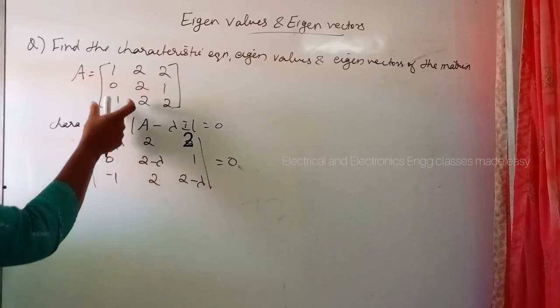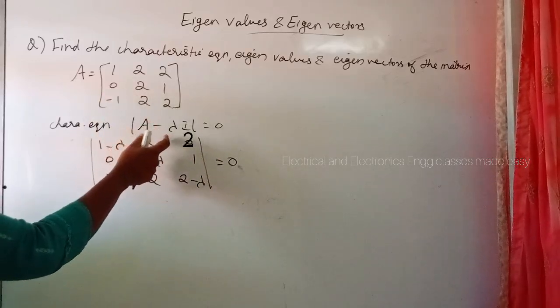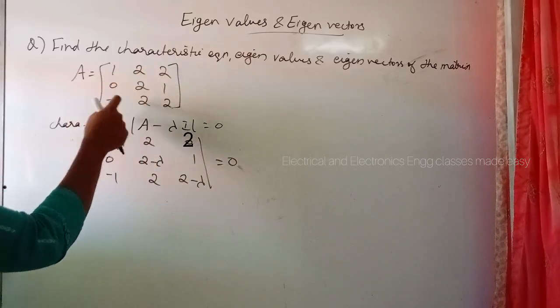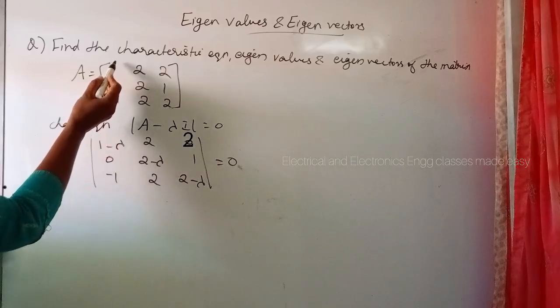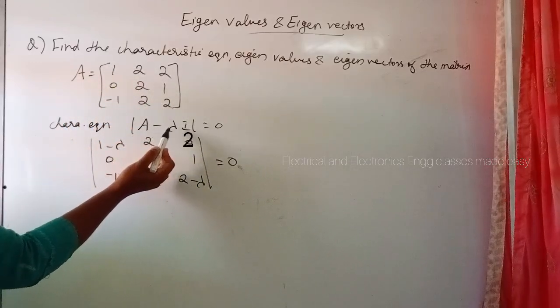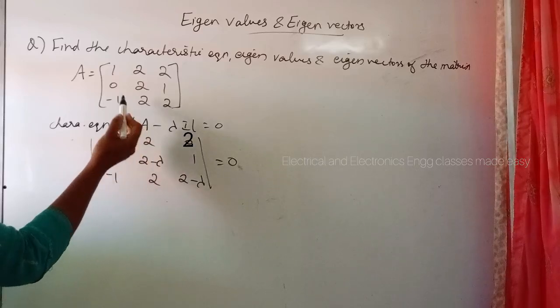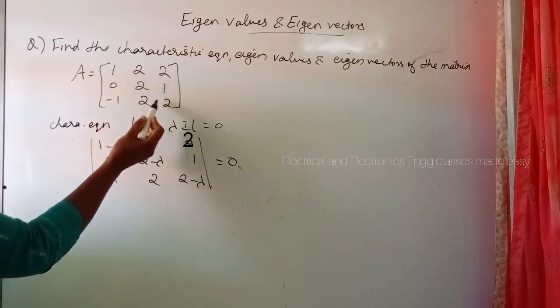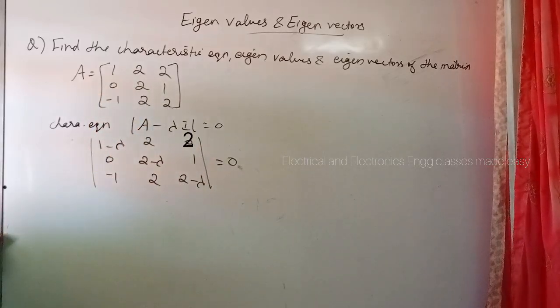So we can directly write this A minus lambda I from the matrix A, that is we have to change only the diagonal elements, just find the difference of the diagonal elements and lambda.